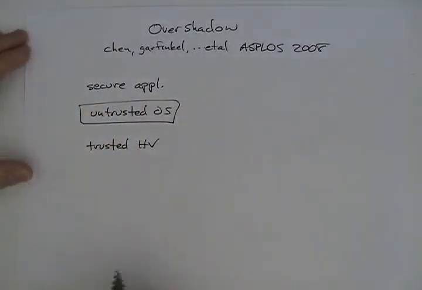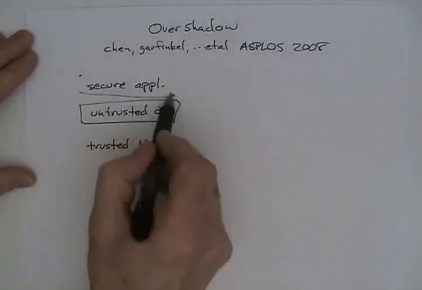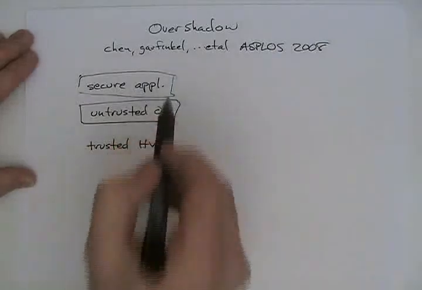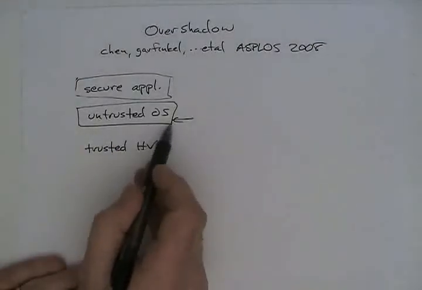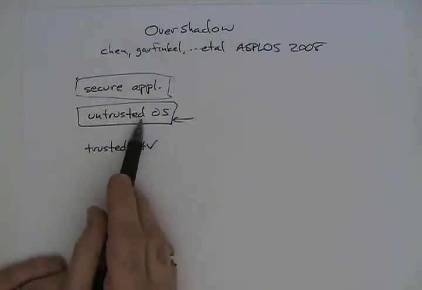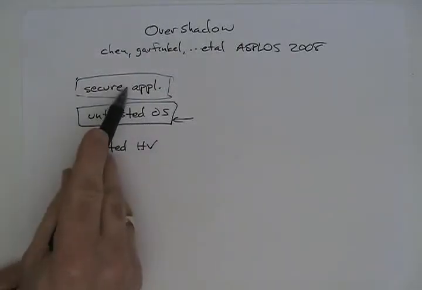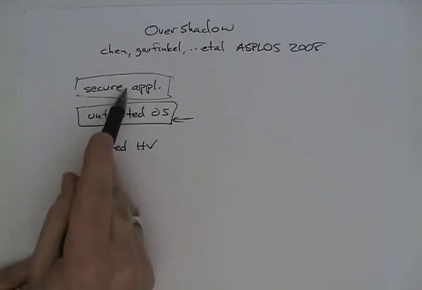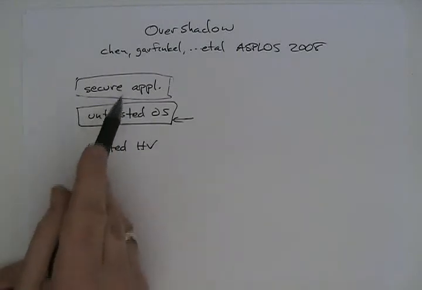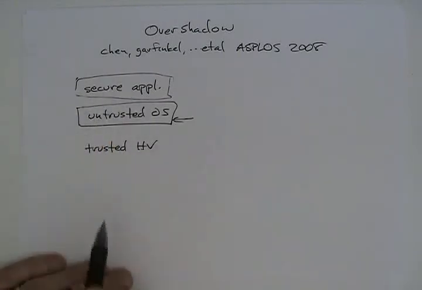So for instance, you could have a secure application running on top of Windows, and even if someone installed a rootkit here or something like that, they would have no way to actually access any data in this application or do anything except possibly kill the application and stop it from running.